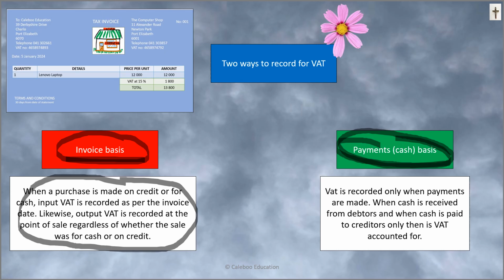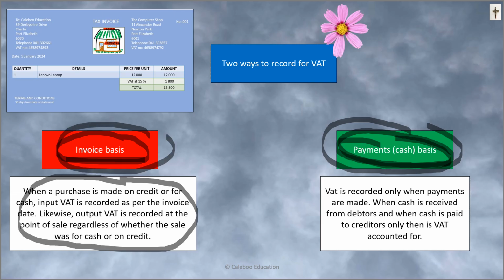So if you start to think about it, there might be an advantage with the payments cash basis, because if you, with the invoice basis, made sales on credit, you might have a cash flow problem, because remember, you haven't received the cash yet. You might have terms with your debtors where you only receive the cash in 90 days. So when you set up VAT, you need to look at these two methods.